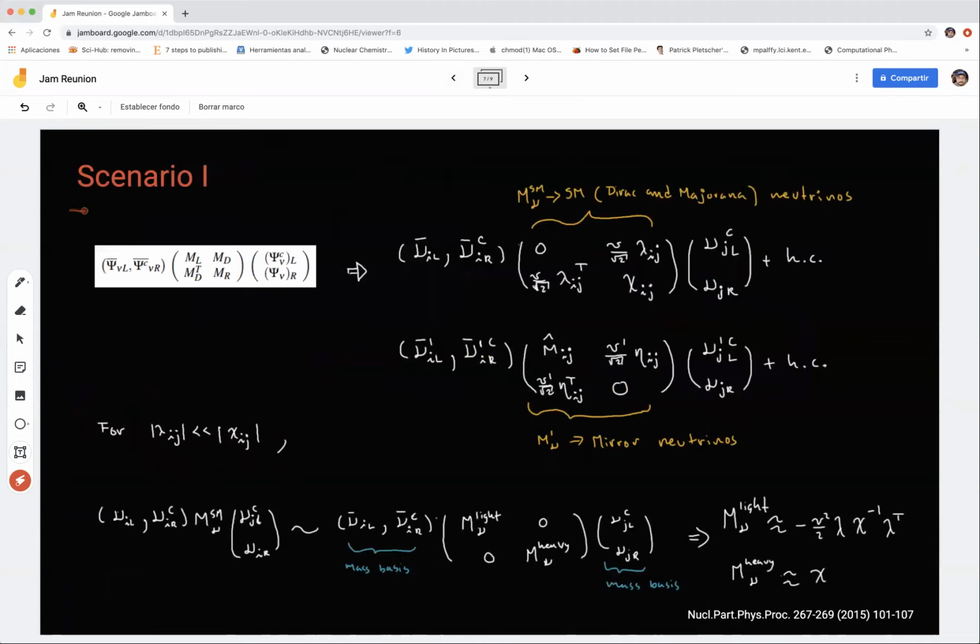For scenario 1, we show the result for the masses of the neutrinos.